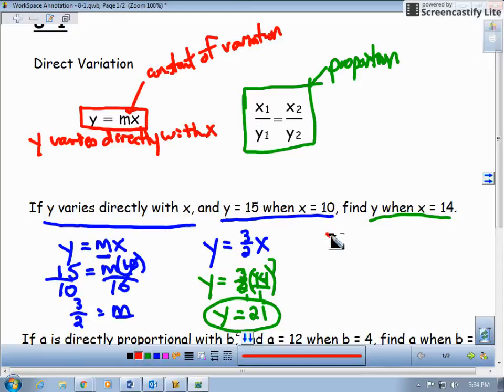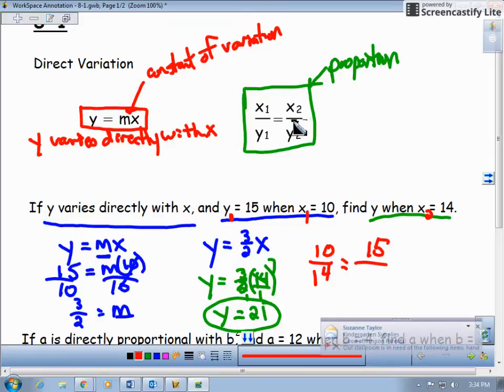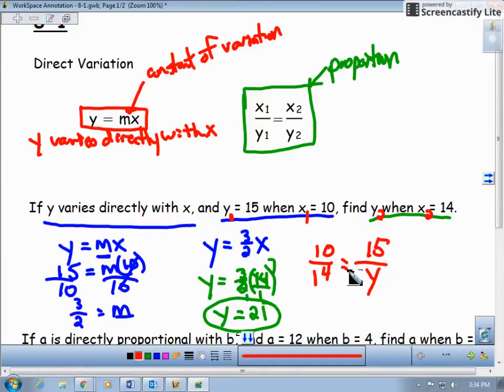So my first x, I can call this my x1, is 10. My second x is 14, so I'll do 10 over 14. The first y that they give me is 15, and the second y is the one they want me to find. And I can just cross multiply here.